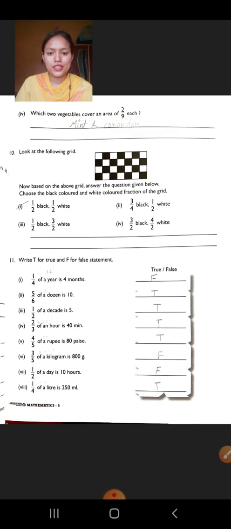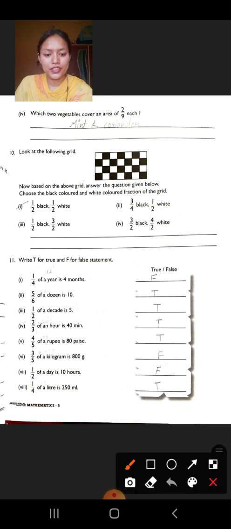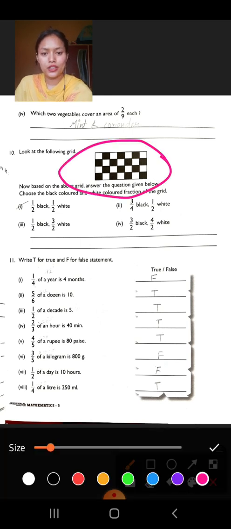Okay, now after this, look at the following grid. This grid is made for you, black and white type. Can you see here? In this one, you have to tell how many parts are shaded black and how many parts are shaded white. So first of all, you will count the whole parts. How many boxes are there?